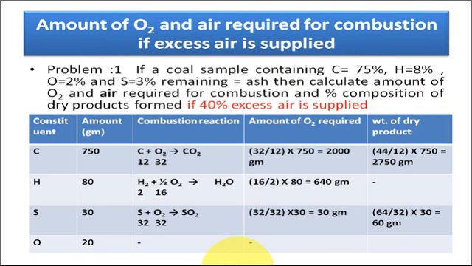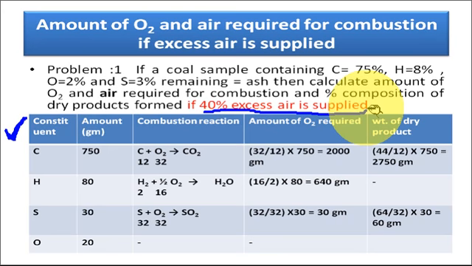So suppose, let us take the example which we discussed in our previous class. This is the same numerical which we discussed in the previous class, but the difference is that now we have to calculate the air required for combustion and the dry products if 40% excess air is supplied.